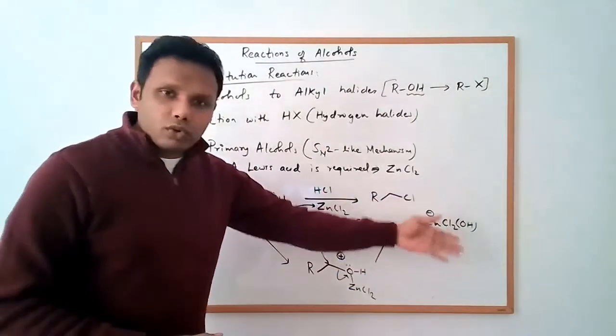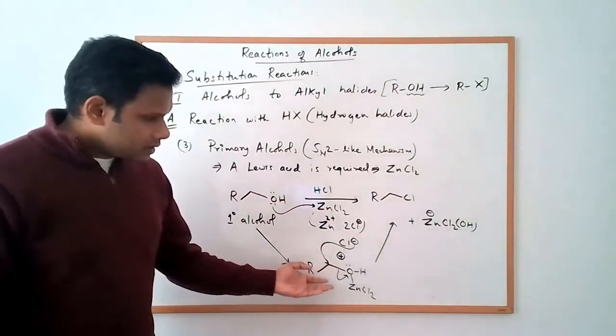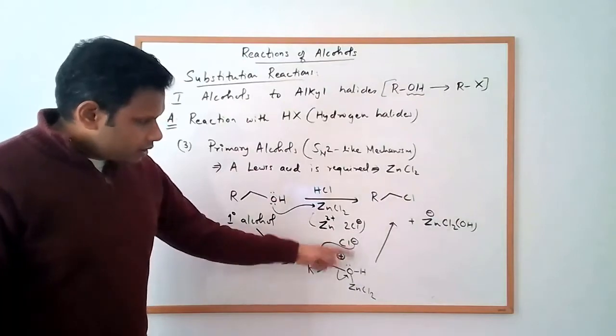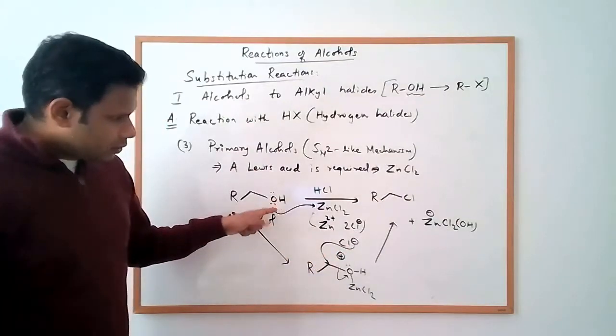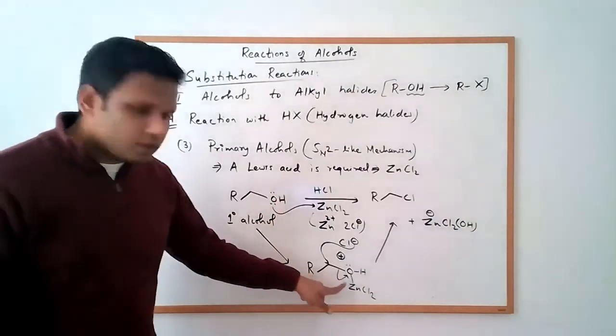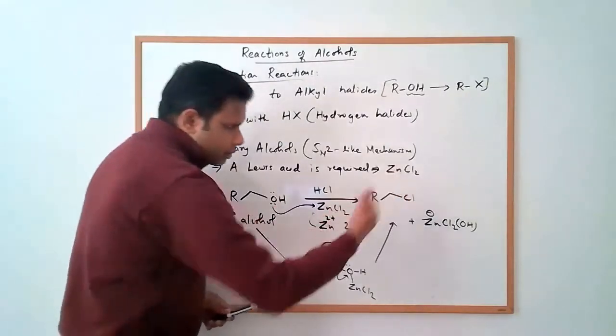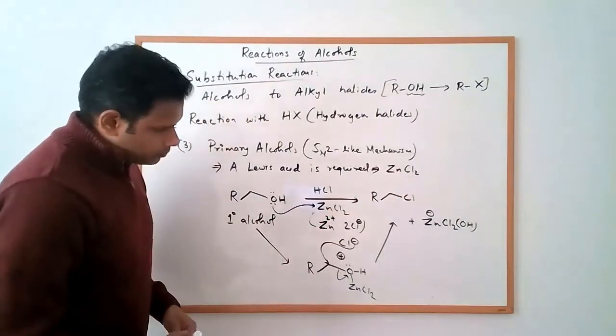It would go back to zinc chloride and water. Things like that are possible. But the key here is that the zinc chloride helps to activate or convert this bad leaving group into a good leaving group, and then the reaction proceeds that way.